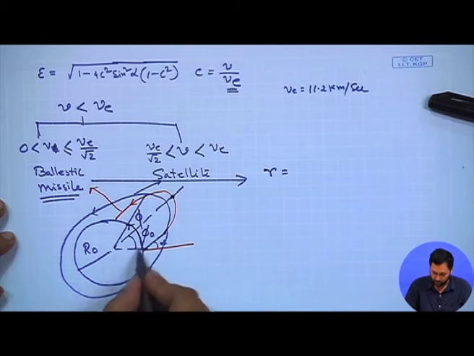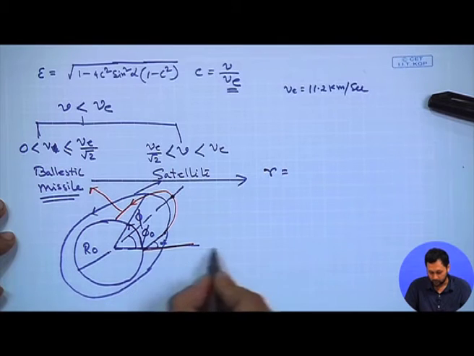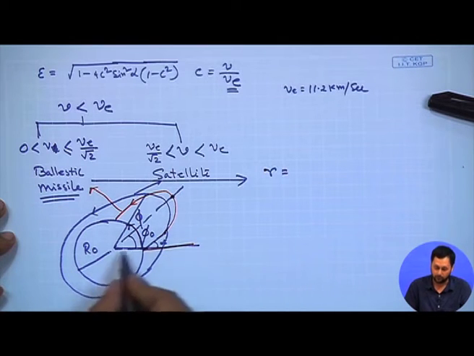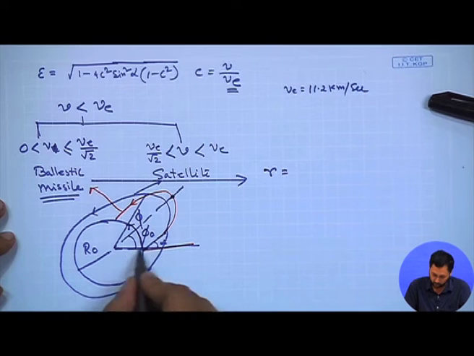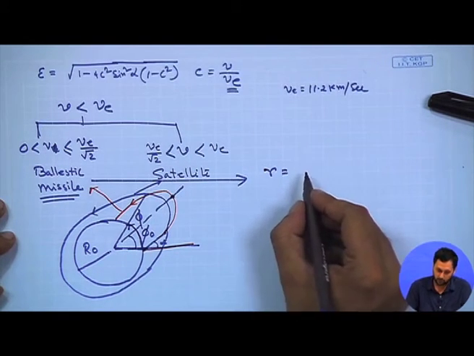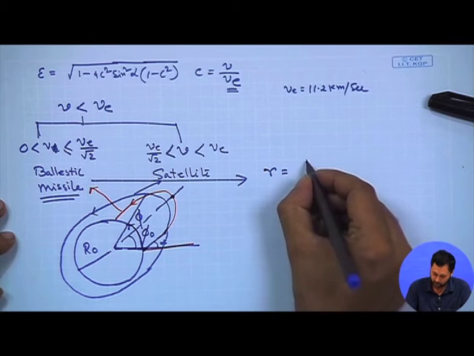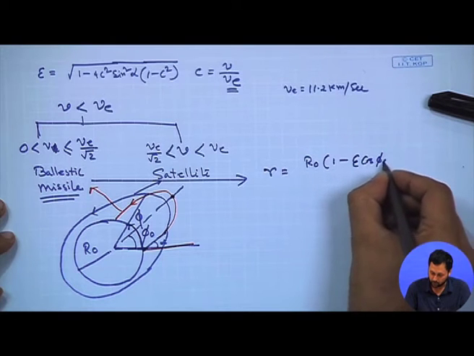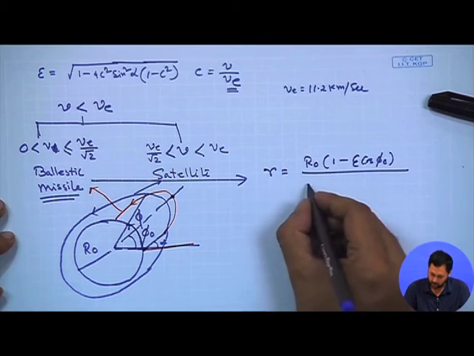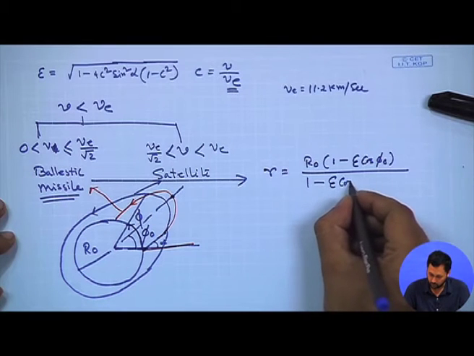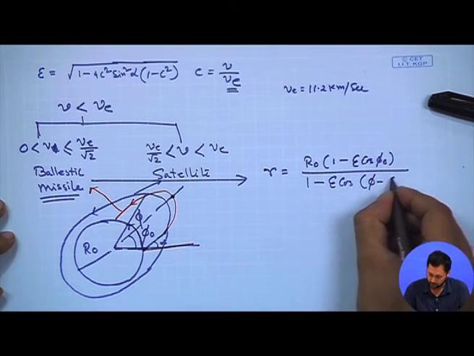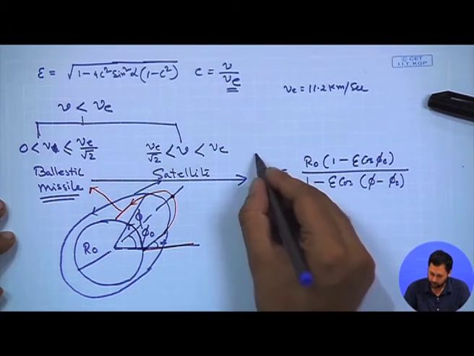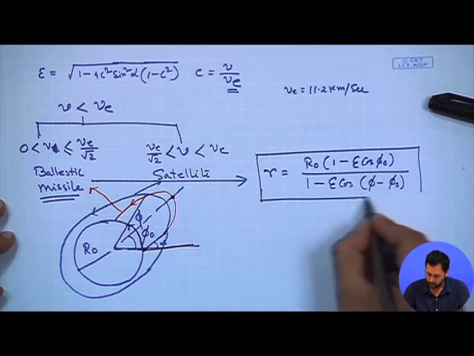The angular deviation is measured with respect to a horizontal line drawn at the position of launch. Using this we have seen r can be given as r0 into 1 minus epsilon cos phi 0 divided by 1 minus epsilon cos of phi minus phi 0. So, this is the equation we have got.